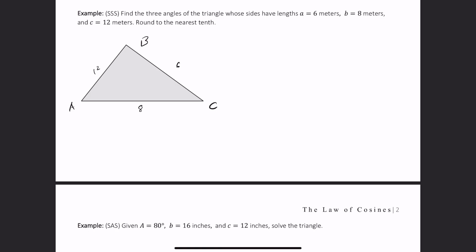To begin, let's pick an angle we want to solve for. Let's begin with A. So cosine of angle A is equal to, we're going to use one of our alternative formulas. It's just another way to rewrite this. We could be using the other one, it would work perfectly fine. Now this is basically plugging and chugging on your calculator.